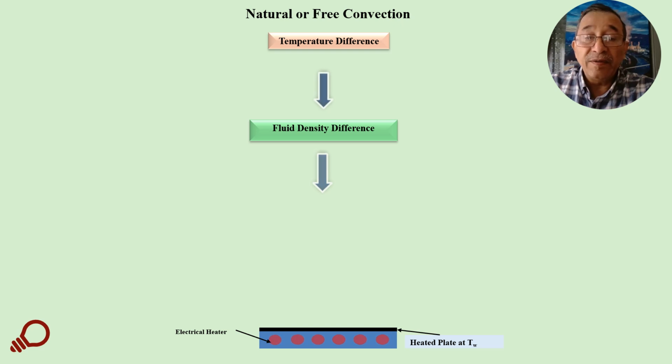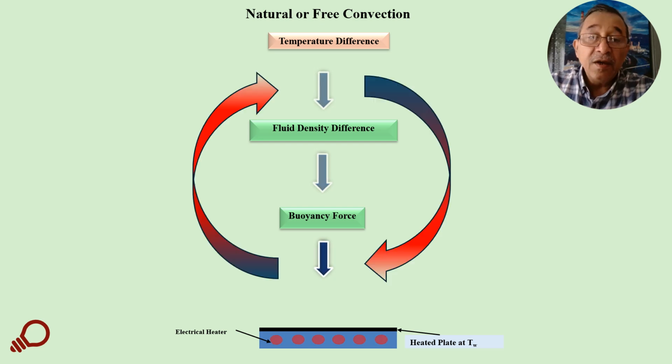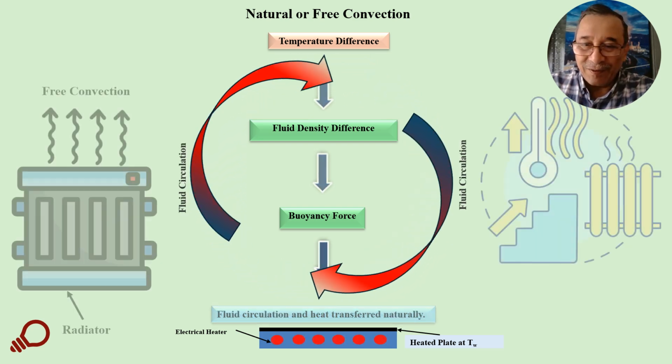The fluid nearby the surface will have low density, whereas the fluid far away from the heating element will have higher density. Then a buoyancy force is created, which causes a circulation of the fluid.